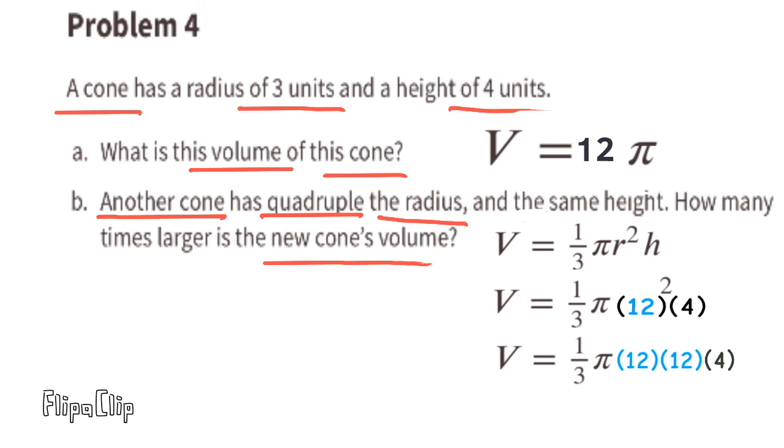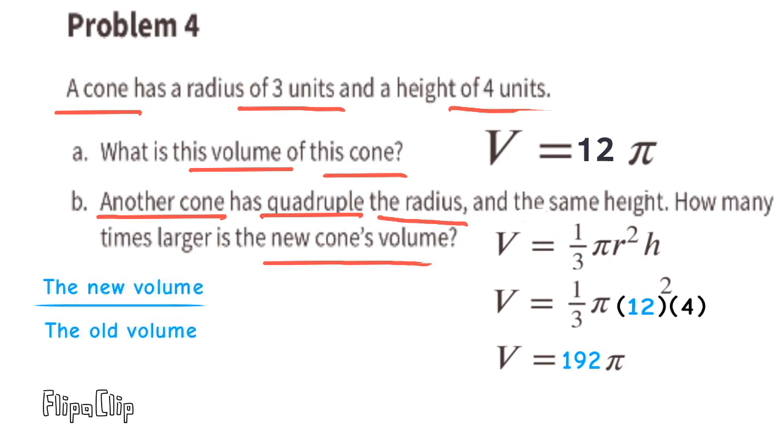And again, because the order doesn't matter in multiplication, we could look at this as 1/3 of 12 times 12 times 4 times pi. And 1/3 of 12 is 4. So the equation could read volume equals 4 times 12 times 4 times pi. Or the volume is 192 times pi.